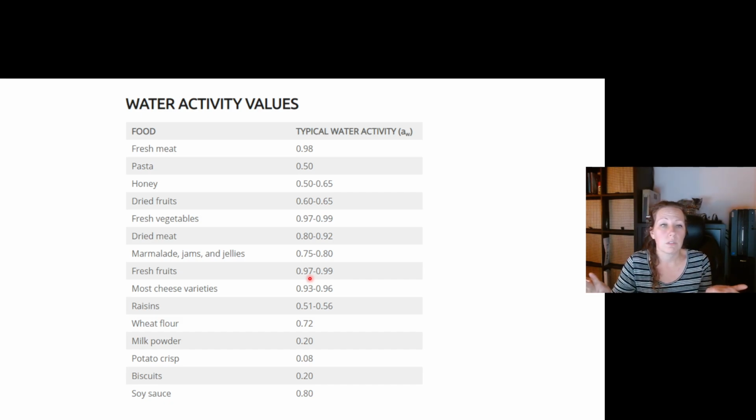And so hence spoilage, and why we dry things to reduce spoilage. Dried meat, 0.8 to 0.92. So some of this dried meat still needs to be refrigerated because microorganisms can still grow on it, but you still extend how long it can last. You extend the shelf life by drying it.